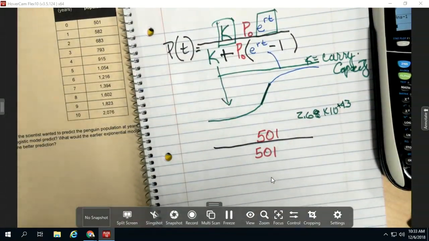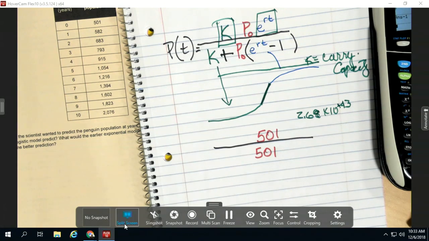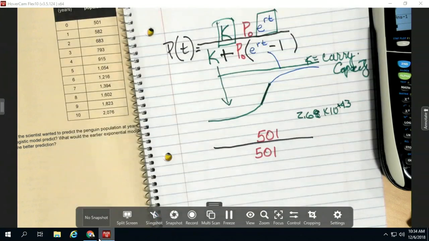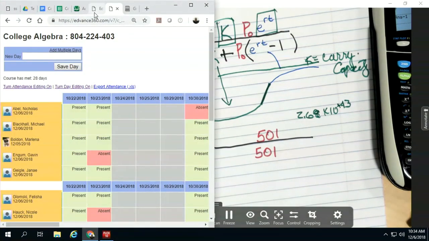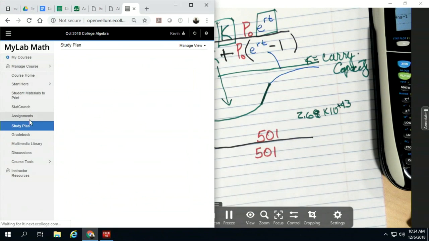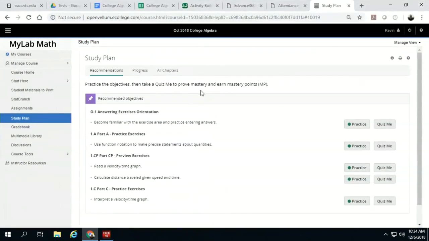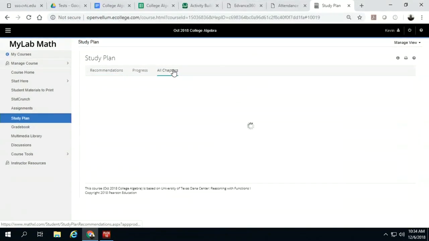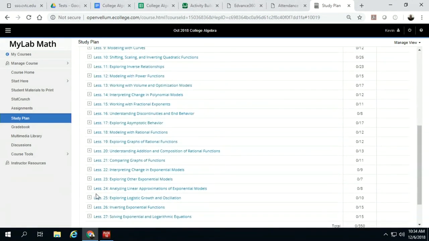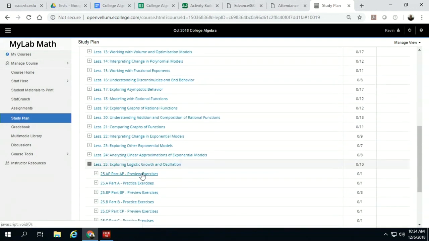They don't give us the initial growth rate in the book here. We must have to get that from the preview. Let's go to the preview and get that value. Chapter 25, preview.